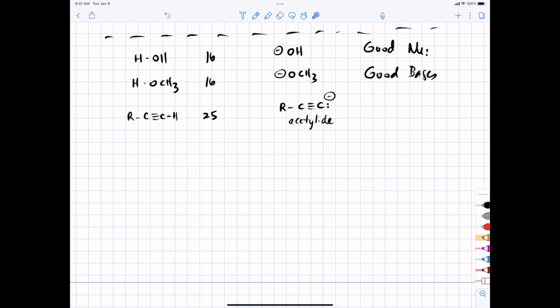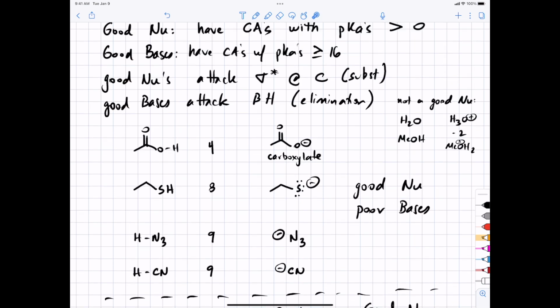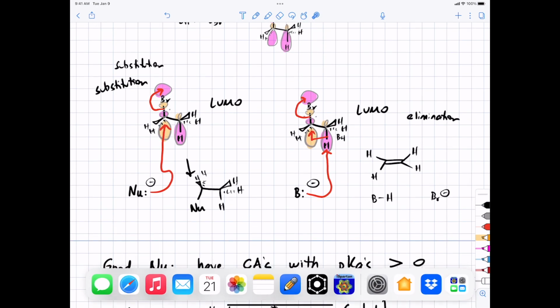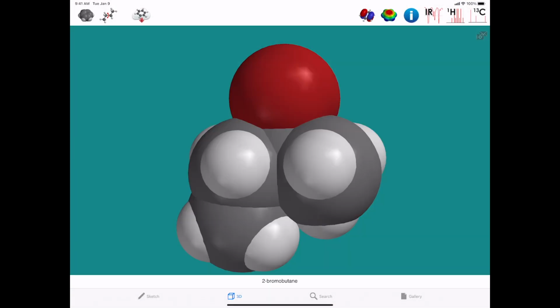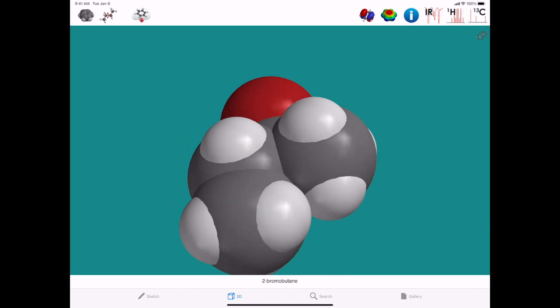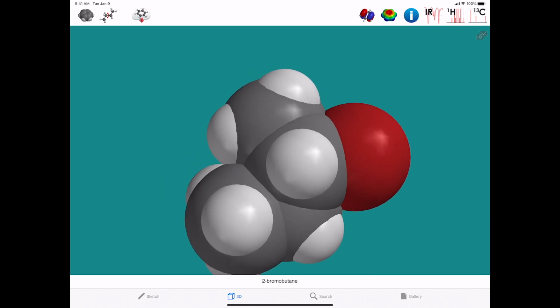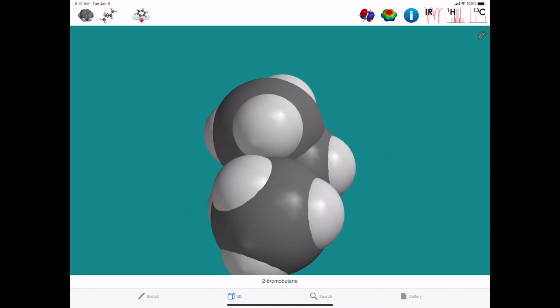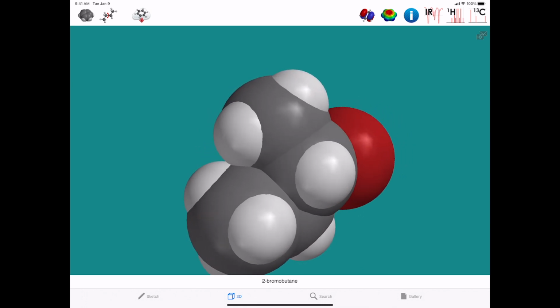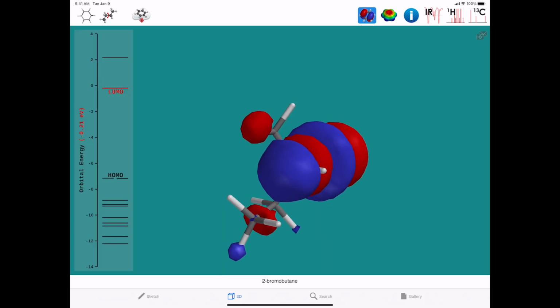Why not? Okay, so let's go back to Spartan and look at the space-filling model of this molecule. I want you to think about where the sigma star is. We'll show the LUMO again. Take a look at that, and then we're going to switch to space filling.